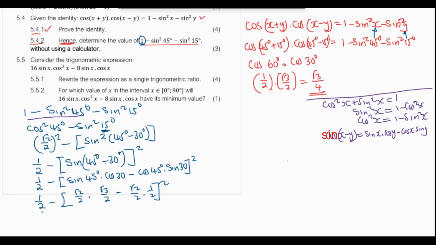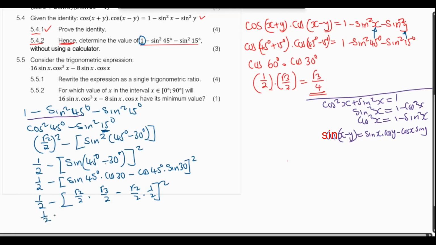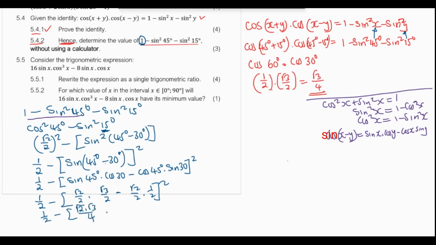And then let's just simplify this. This is like 1 over 2 minus 2 root 2 times root 3 over 4 minus root 2 over 4 squared. Just say root 2 times root 3, which is root 2 times root 3. 2 times 2 is 4. Yeah, root 2 times 1 is root 2. 2 times 2 is 4.